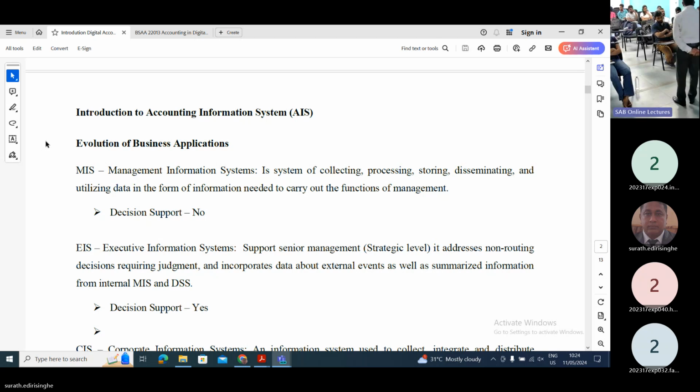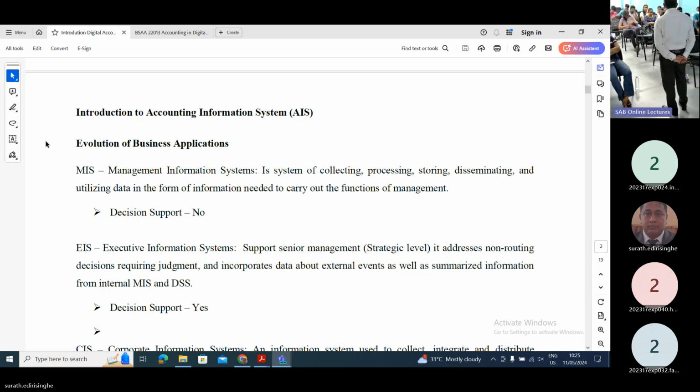The management information system has some disadvantages, some lack points. It does not have decision making capability. What I mean by decision making ability is that the information is used by people for their day-to-day routine activity.